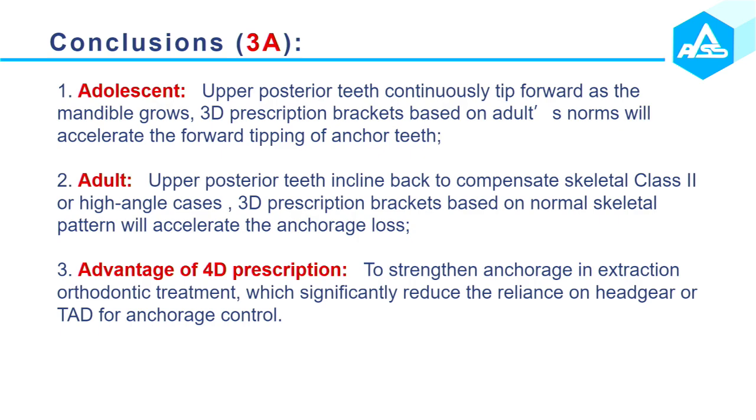Second A, adult. Upper posterior teeth incline back to compensate skeletal class 2 or high angle cases. 3D prescription bracket based on normal skeletal pattern will accelerate the anchorage loss. The third A, advantage of 4D prescription.